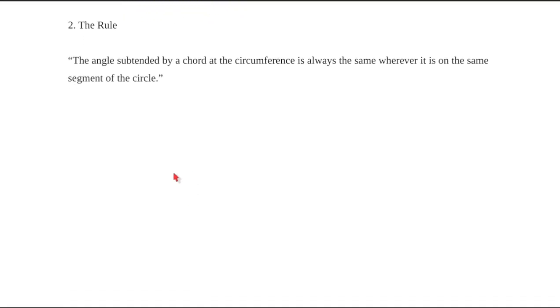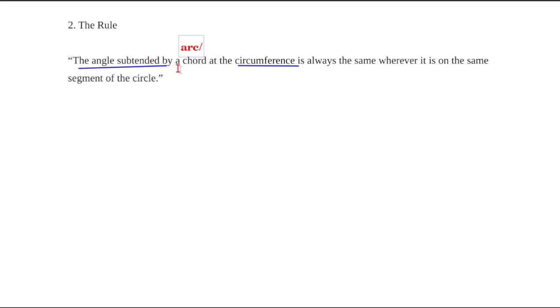Now let's check the rule. What does this say? It says the angle subtended by a chord, or sometimes we can say by an arc, at the circumference is always the same whenever it is on the same segment of the circle.